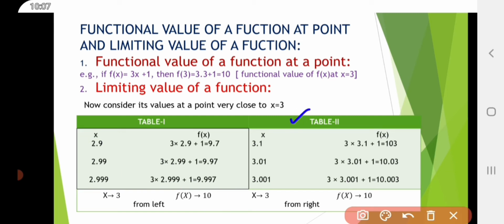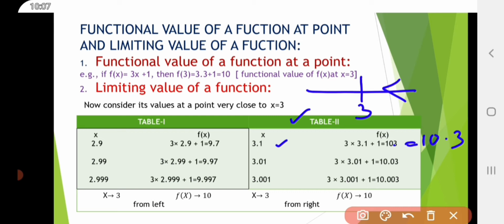In table 2, here you see x approaches 3 from the right hand side. So first you take x equal to 3.1, then the value of f of x is 10.3.